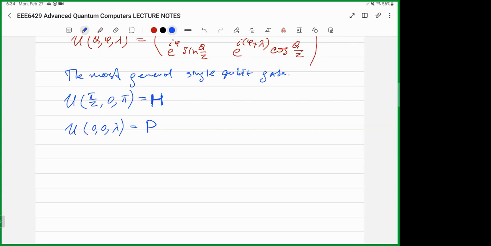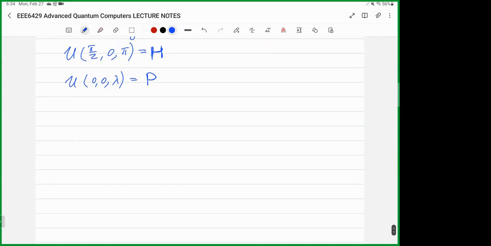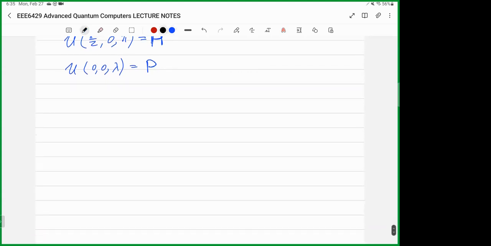So if I apply this gate just twice, then ideally I have to get identity. For example, in an experiment, my gate is always some real physical system, right?